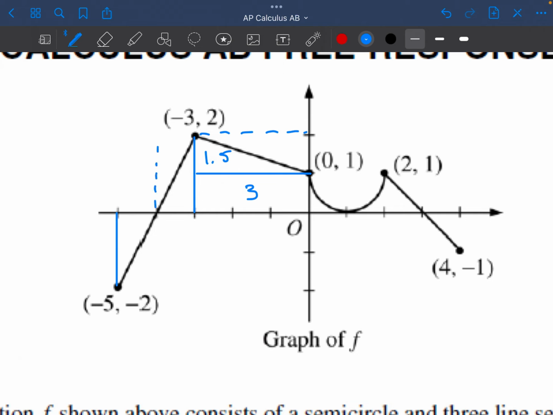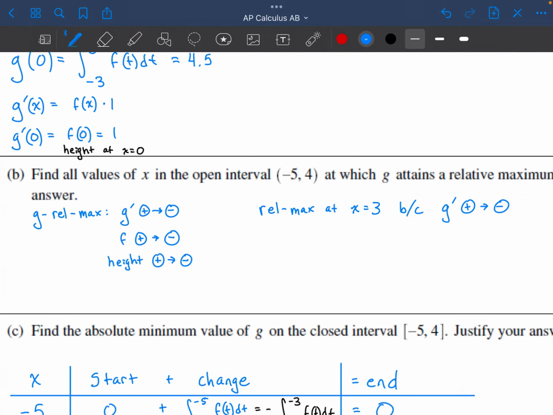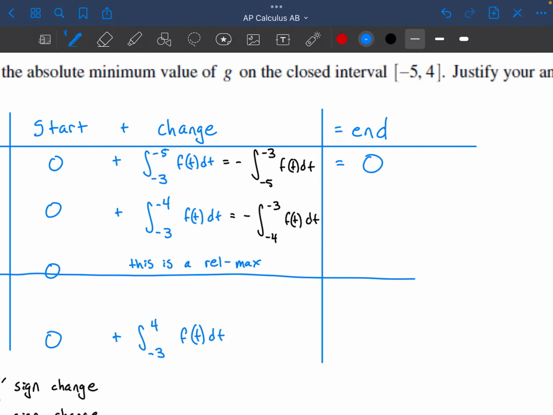So if I were to make this into a rectangle, it would be 2 by 1. Half of that is just 1, so we have an area of 1. And it is positive, it is up above the x-axis, so it should normally be positive, but don't forget we have this negative, so it's going to be -1. So over here I'm going to write this is going to be equal to -1.